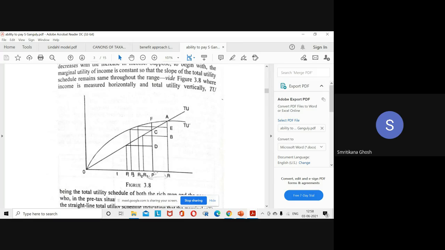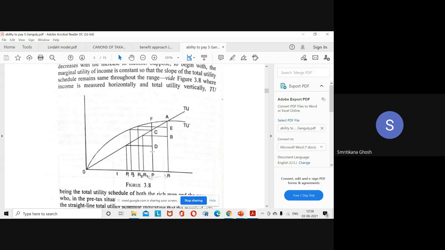Initially the gap is RP, now the gap is R1P1, so it's the same. As the gap is not reduced through the tax, you can say that this is a regressive tax structure. It is not making equality in the society. You can say, ma'am, you have assumed constant marginal utility. That is why.